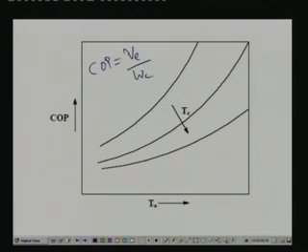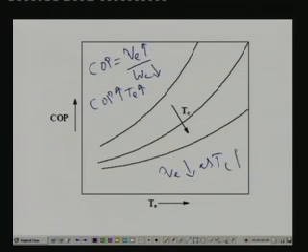We have seen that as TE is increasing, refrigeration effect increases very marginally, but work of compression reduces significantly. As a result, your COP increases with TE. Similarly, when TC is increasing, QE reduces as TC increases, and work of compression increases as TC increases.